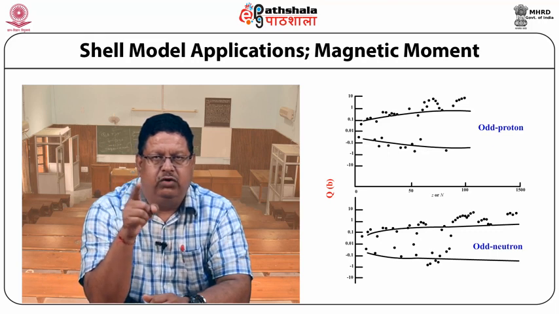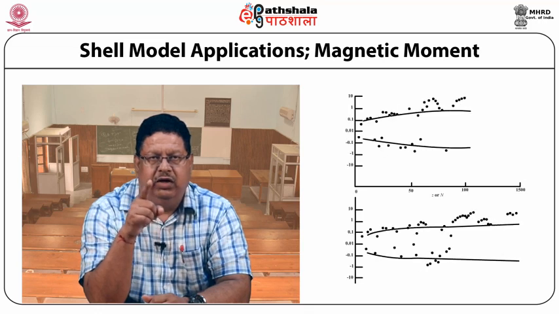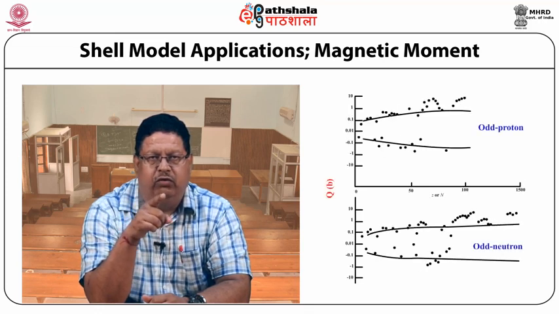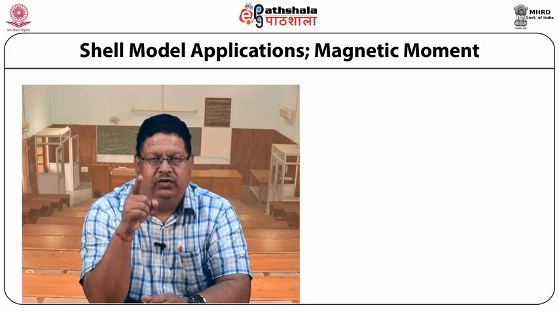Since the neutrons do not have any charge, ideally speaking, the nucleus with an odd neutron should have no quadrupole moment. But in actual, the neutrons in the nucleus interact with nucleons of the core to polarize it and generate quadrupole moment. So in actual practice, we see that some quadrupole moment is there for odd neutron nuclei.